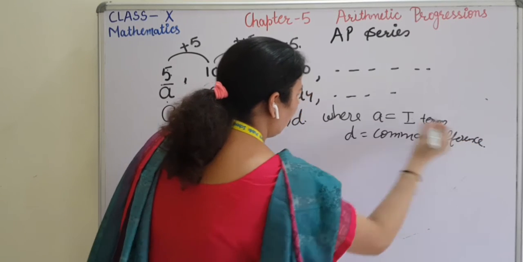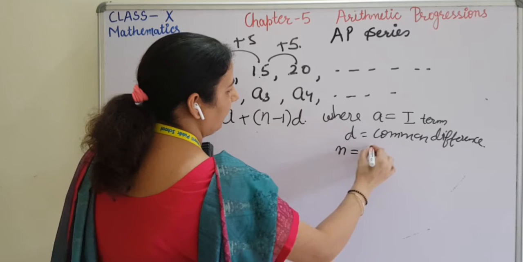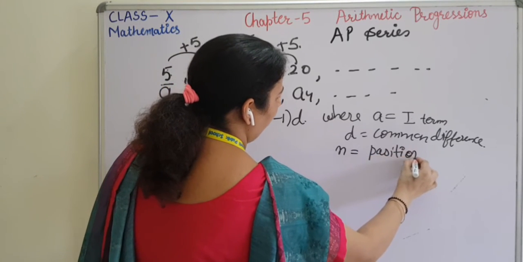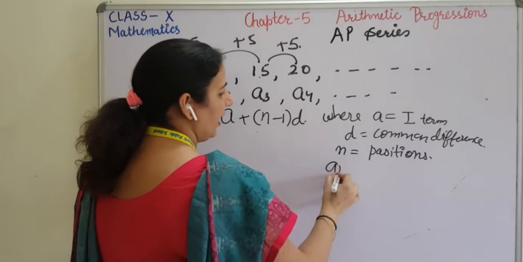And what about the next one, n? n is the position, and we denote the positions, and An means nth term.